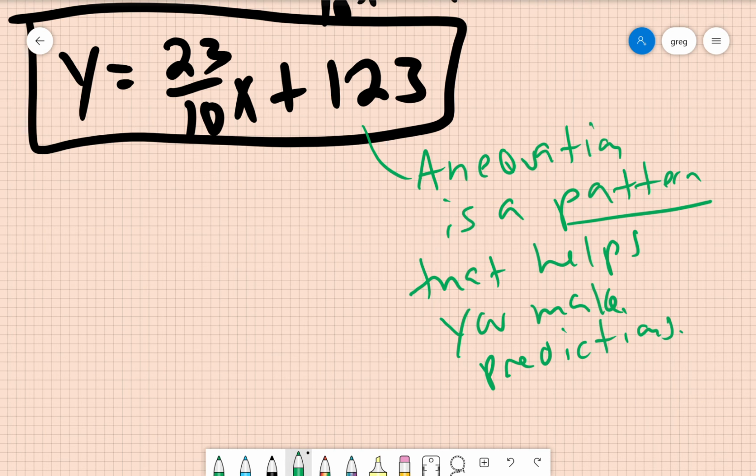That's why people make equations. They make equations so they can make predictions. If I have a pattern, I can follow this pattern and figure out what happened, what might happen in the future, and what's already happened behind me. That's what these patterns are for mathematically. So an equation is a pattern that helps you make predictions. That's what an equation is.